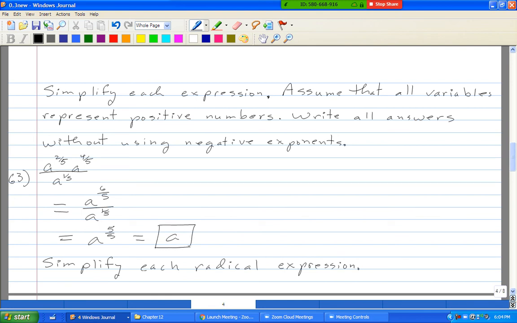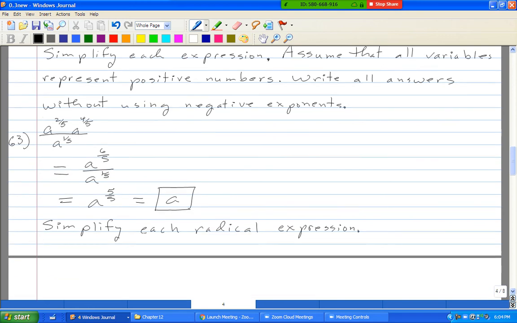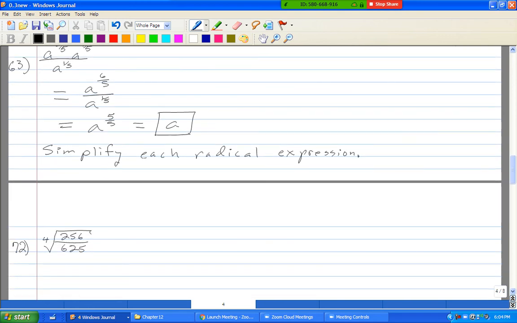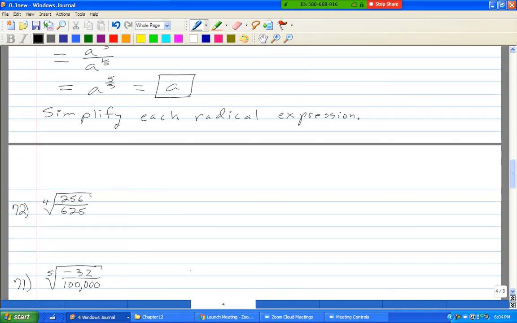Okay. Let me do problem number 72. Simplify each radical expression. Well, I want to simplify the 4th root of 256 over 625. Well, the 4th root of 256 is 4, since 4 times 4, 16, times 4, 64, times 4, 256.